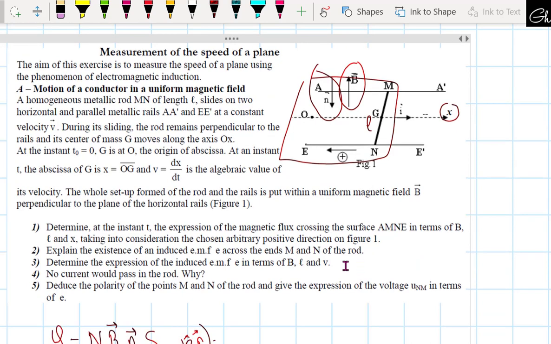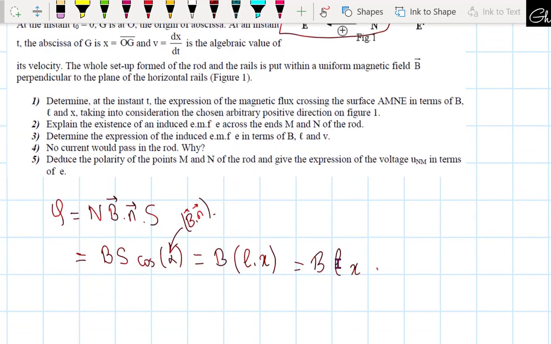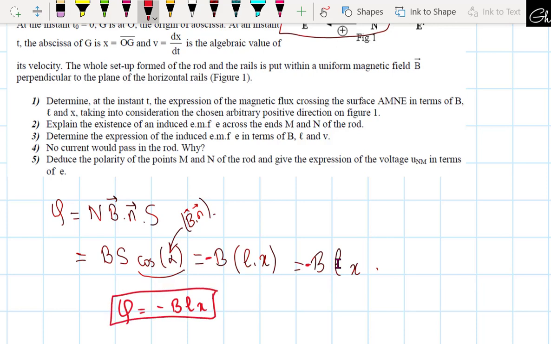Cosine 180 is minus 1. So we have to substitute for this one minus 1, and it will be minus BLX. So the final result will be minus BLX, and that's the last answer. This is part 1, now we can move into part 2.